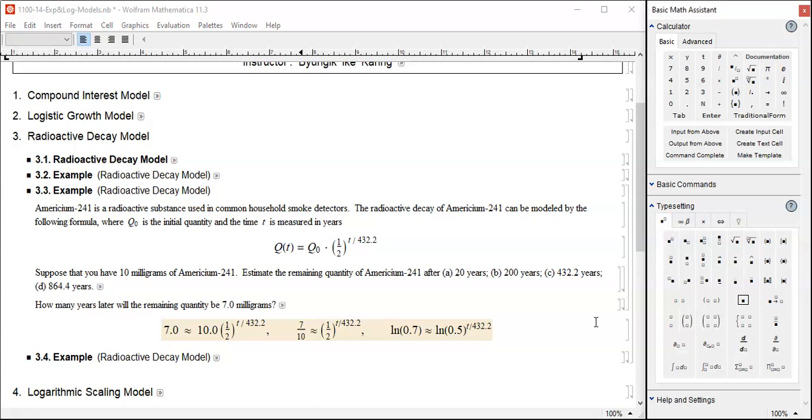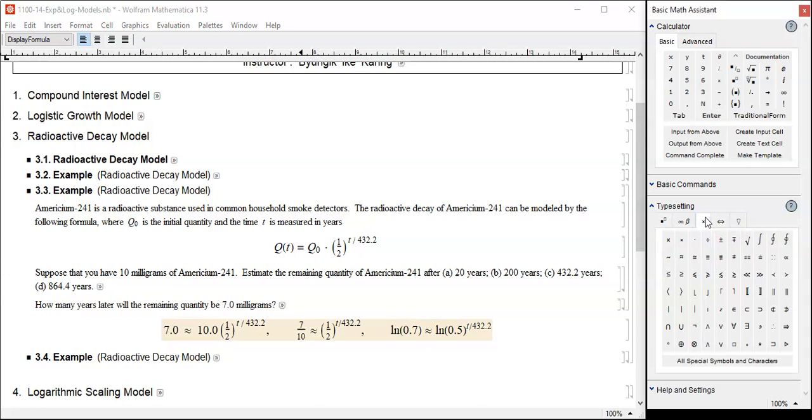They're the same. Now is a good time to use this log rule to bring it out. So t over 432.2, you will get it out, and times log of 0.5.